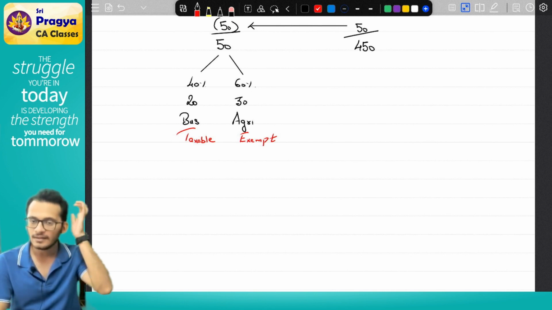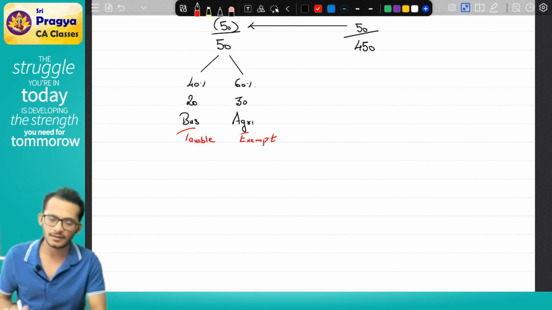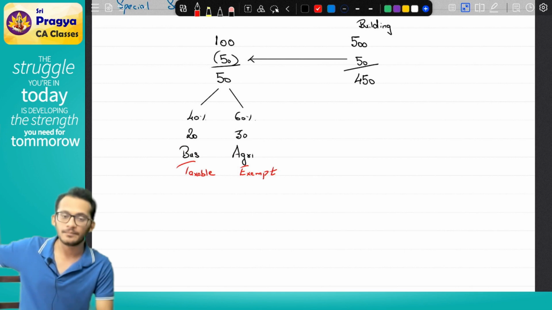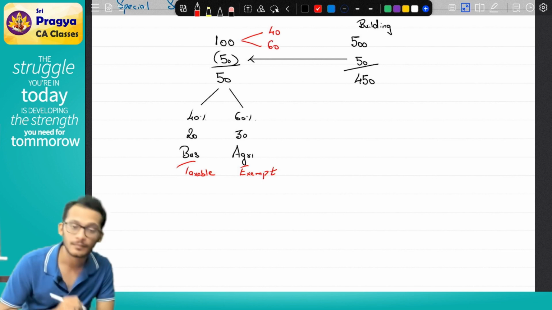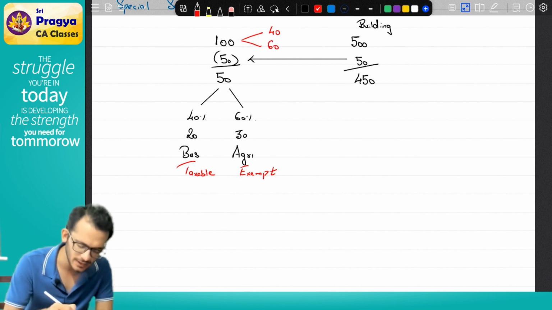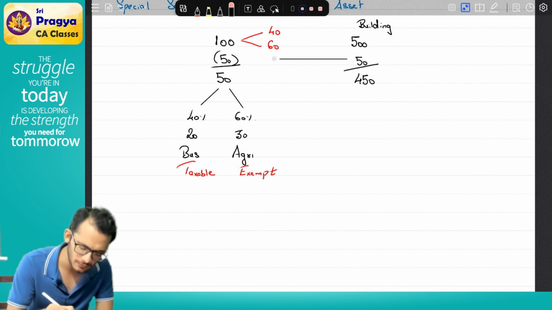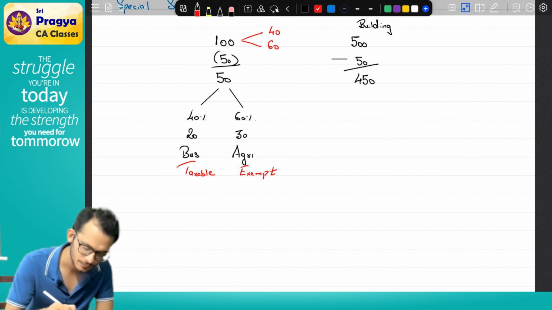So what happened is, the assessee came and said, dear sir, understand, how did this 30 come? You actually split 100 into 40 and 60. Yes, and then you split the 50 into 40 and 60. How much is 50 into 40%? 20 and 30.